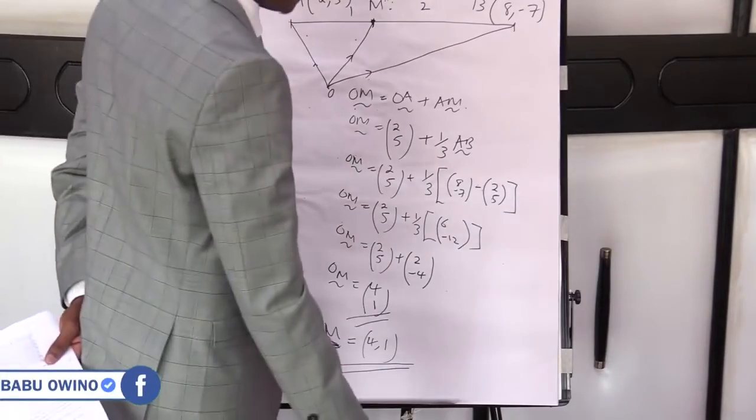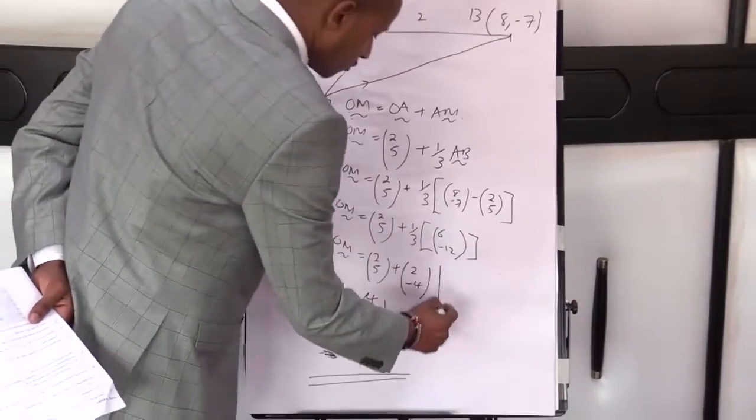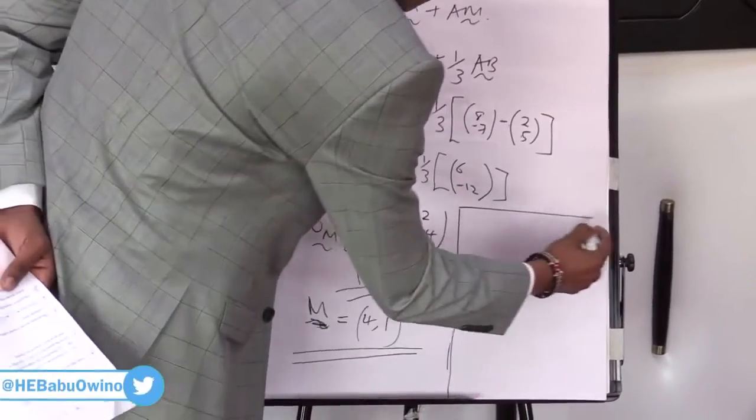Suppose we want to use the ratio theorem on this, so what do we do? It's very short.